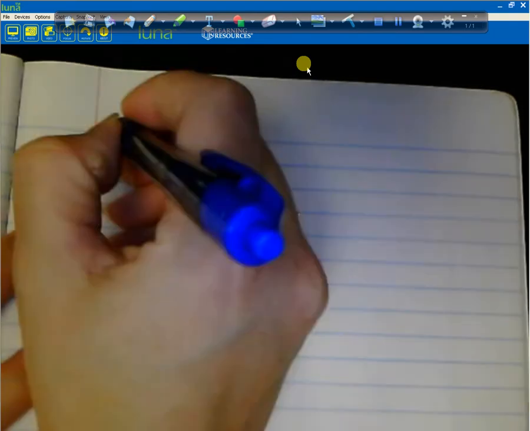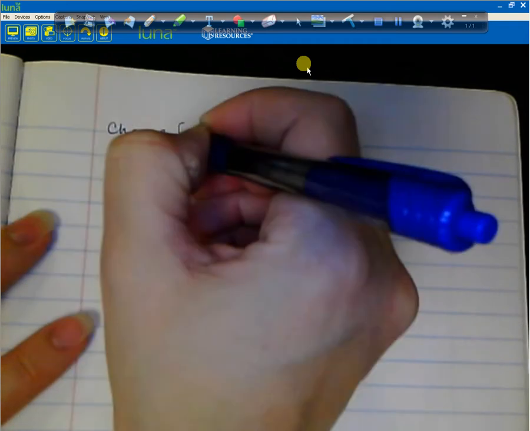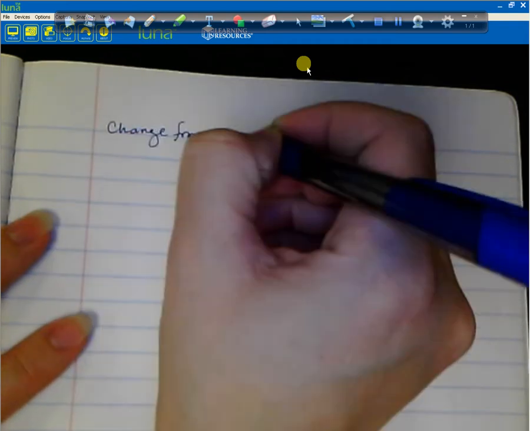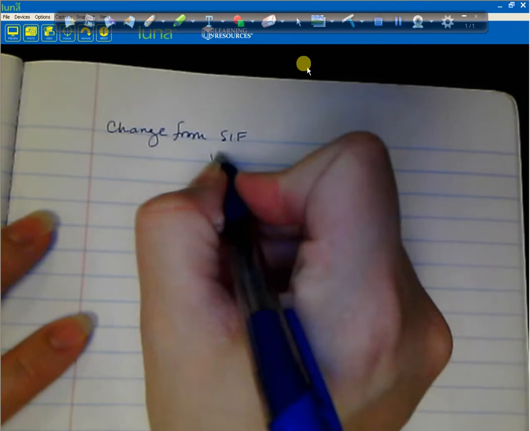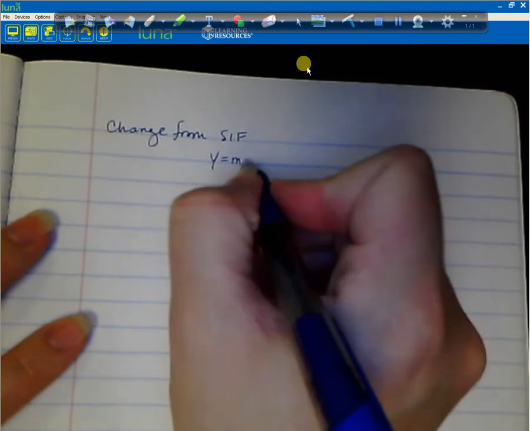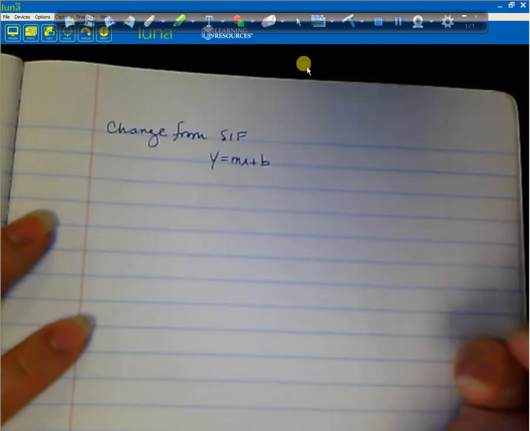Alright, so for the first couple of problems, we're going to look at changing from one form to the next. So for number 1, it's telling us to change from slope-intercept form. We're going to abbreviate that with SIF. And SIF is y equals mx plus b. You can go ahead and write that down.